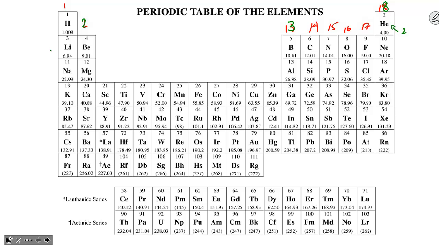Alkaline earth metals have 2. The number of valence electrons generally is the last number in the column. This is true for representative elements, those in the s and p block. The transition metals are a bit more of a complicated story, but this is a good rule of thumb.